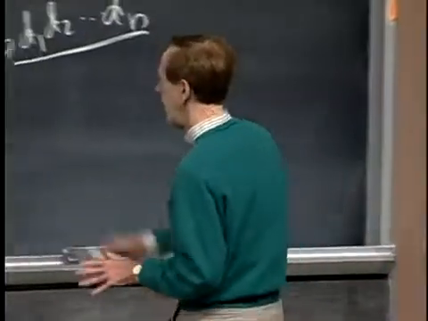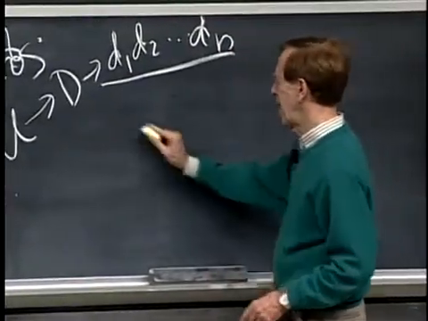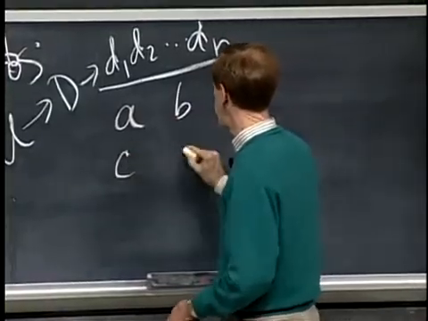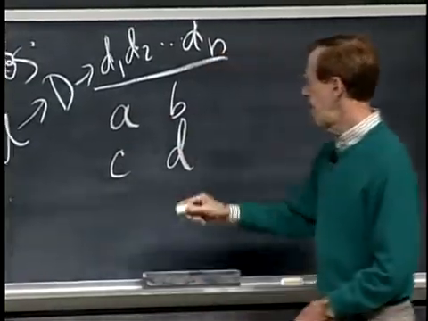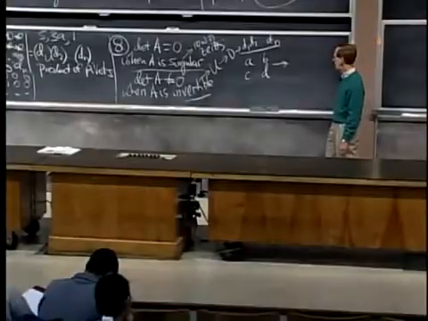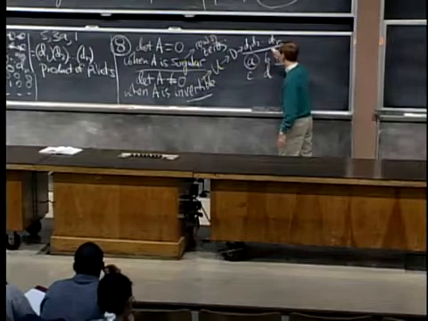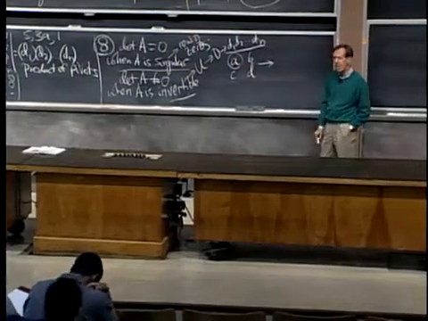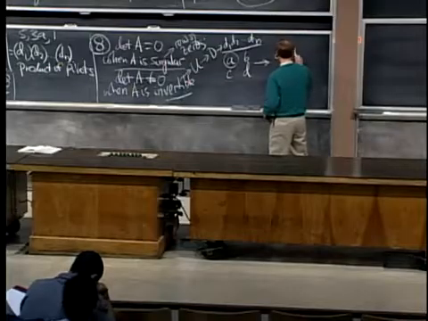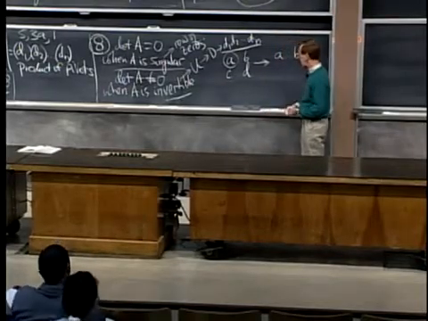Is it correct? Maybe let's just check that. 2 by 2. What are the pivots of a 2 by 2 matrix? What does elimination do with that 2 by 2 matrix? There's the first pivot, fine. What's the second pivot? We subtract, so I'm putting it in its upper triangular form.